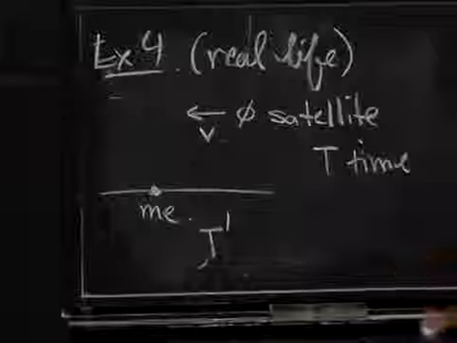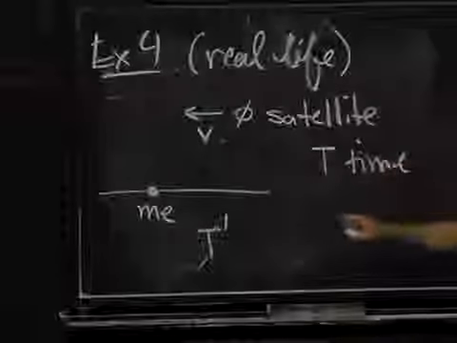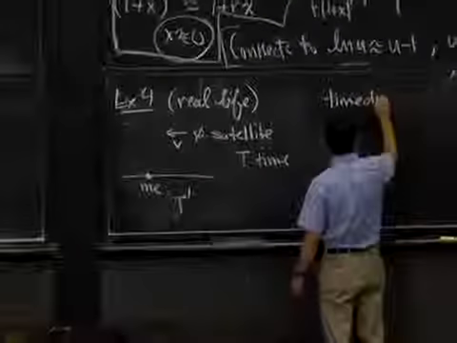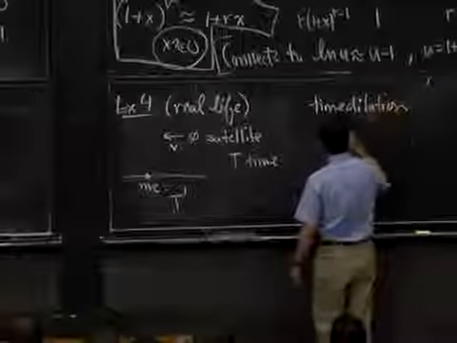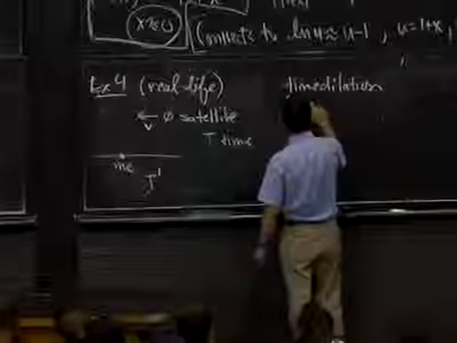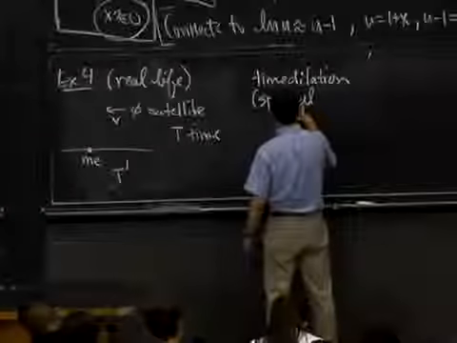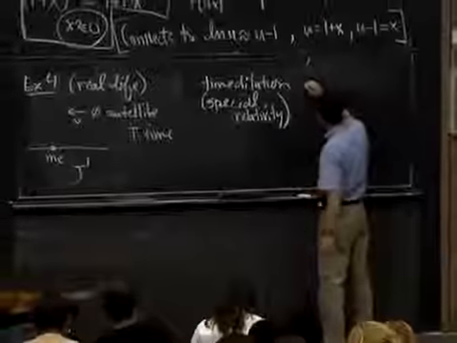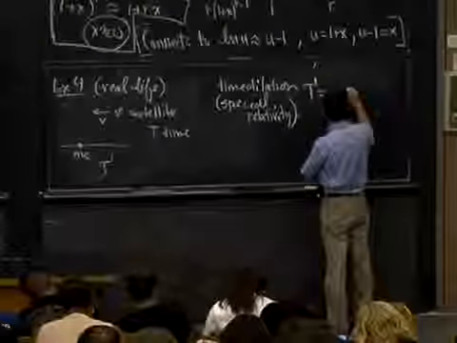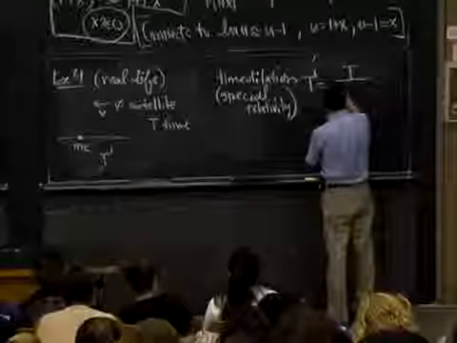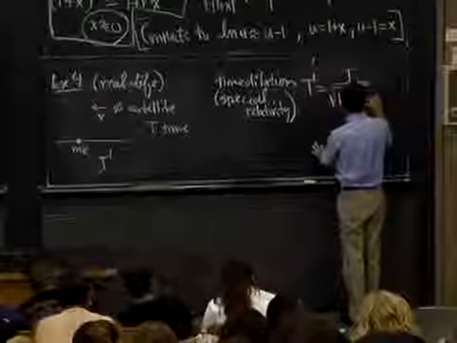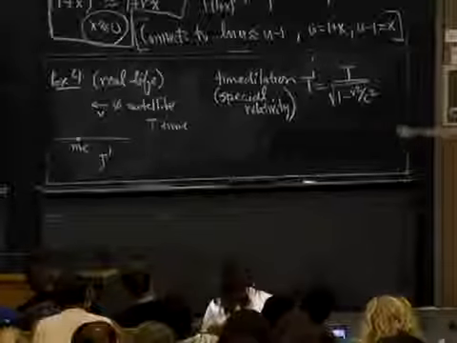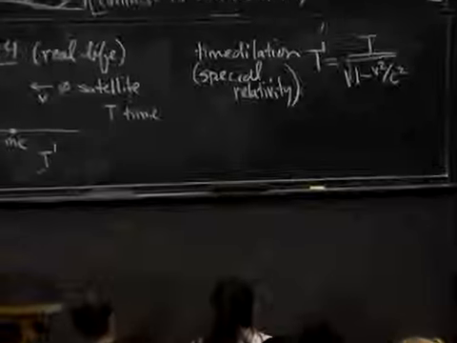And there's an interesting relationship between t and t prime, which is called time dilation. And this is from special relativity. And it's the following formula. T prime is equal to t divided by the square root of 1 minus v squared over c squared, where v is the velocity of the satellite and c is the speed of light.